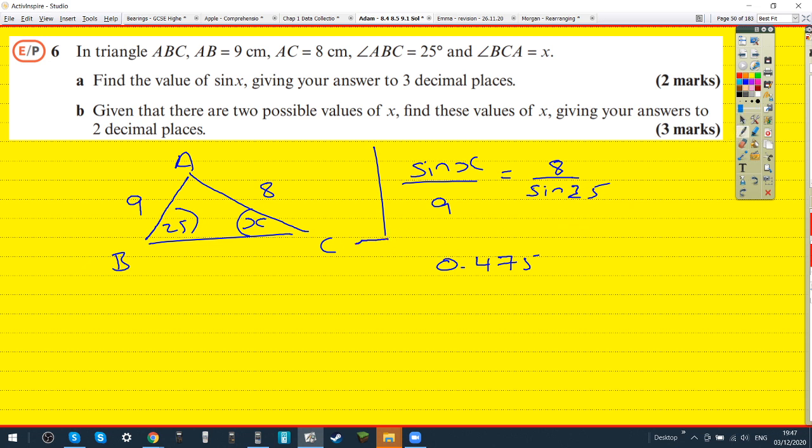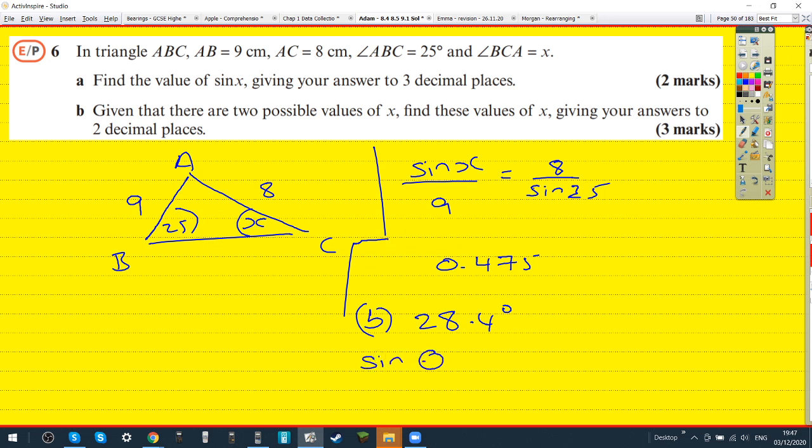That's a very small angle. No, that's sine x. What was it again? 28.4. So 28.4 degrees. There is a second possibility of what the angle could be. Any idea what it is? No.